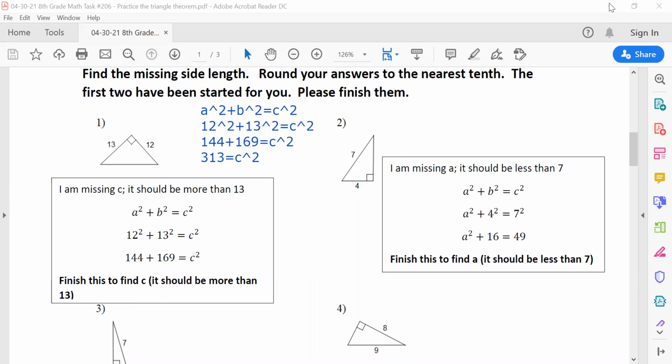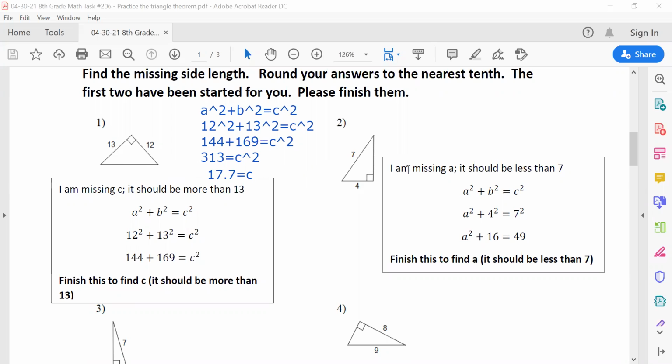So when I do that, I get 17.7, meaning that the length of the hypotenuse is 17.7. That makes sense. It's a little bit longer than 13. It's the longest side. It's not a lot longer, and that's it. That's a summary of what we did earlier this week.